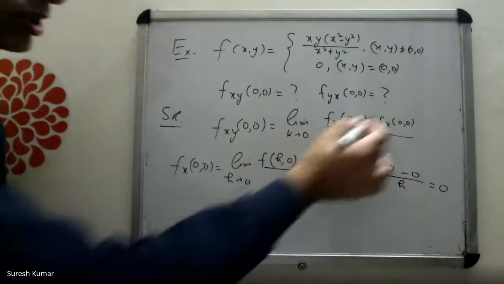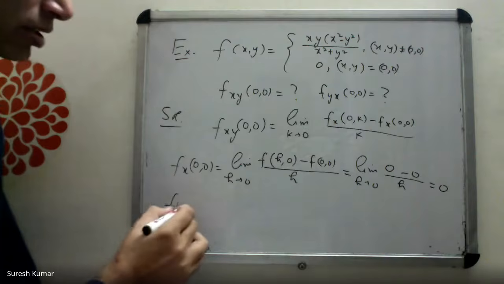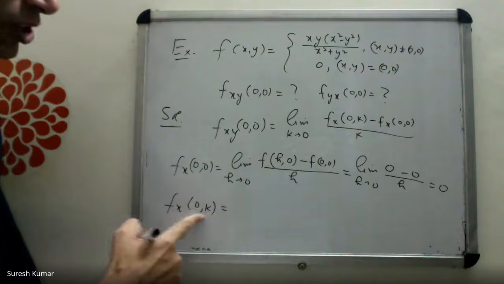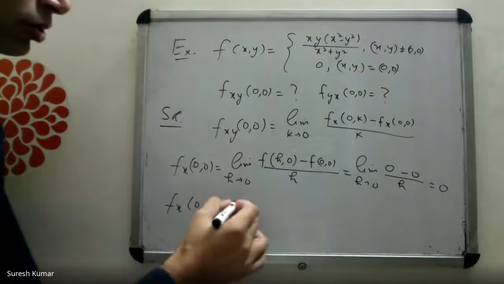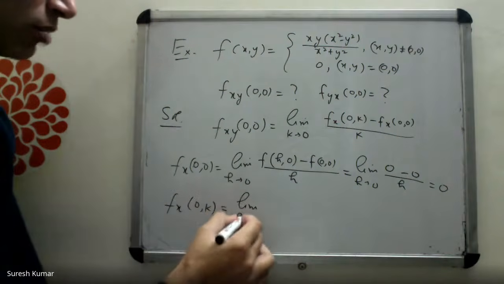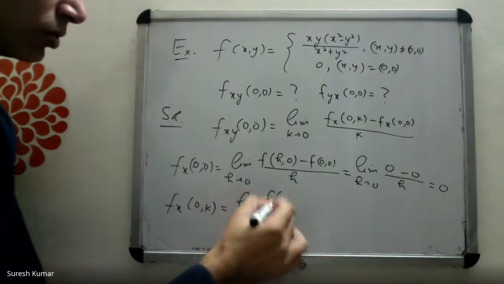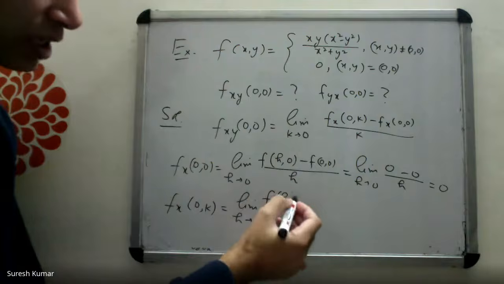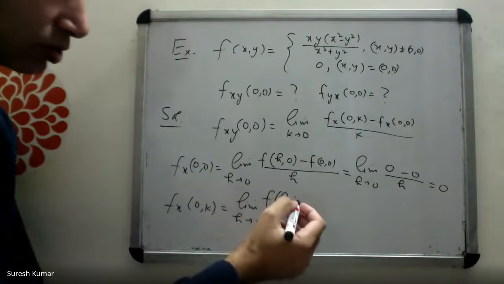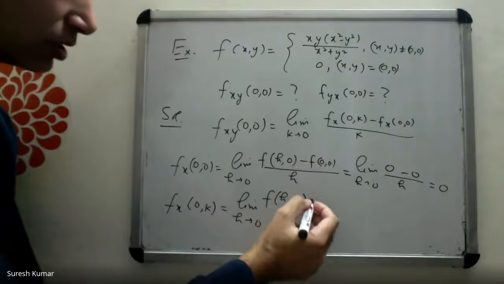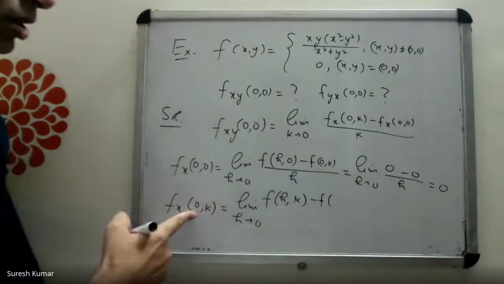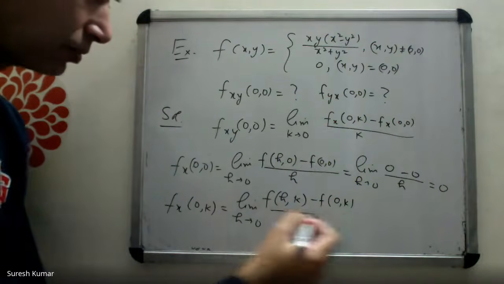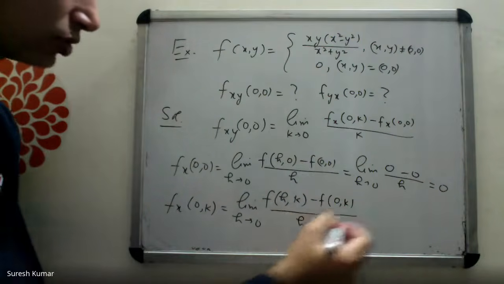Fine. Next thing that you need is fx at (0,k). This time be careful. Your point is (0,k), it's not (0,0). So the same limit h going to 0. Increment in the first argument, but the second argument is not 0, it is k. So in place of 0, you have to write k here, minus f(0,k), divided by h.